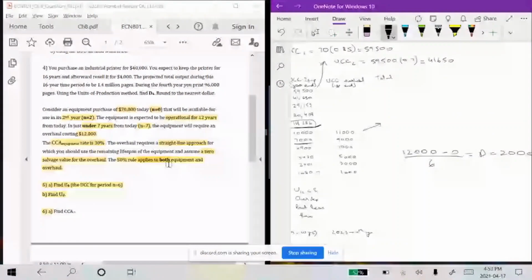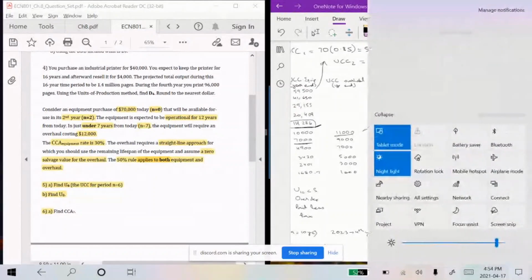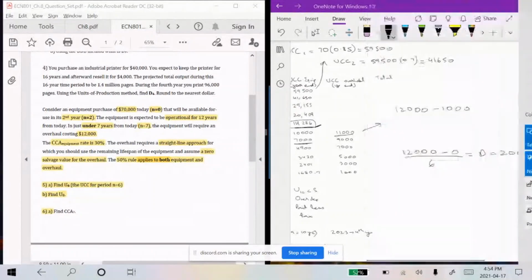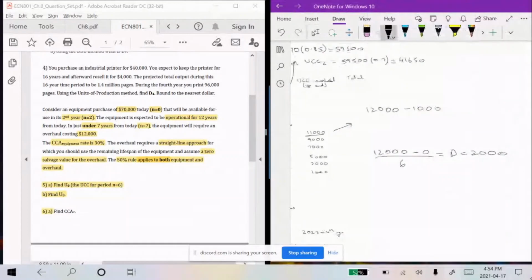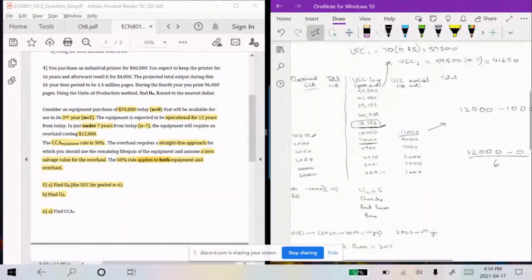The overhaul in each period is being depreciated by 2,000, but in the first period it's going to be depreciated by 1,000, applying the 50% rule. So the initial investment for the overhaul is 12,000 minus 1,000, and you get 11,000 right here. And then each period going forward, it's being depreciated by $2,000. So you just keep subtracting 2,000, and you get 9,000, 7,000, 5,000, 3,000, 1,000. That's all you do for the UCC of the overhaul.